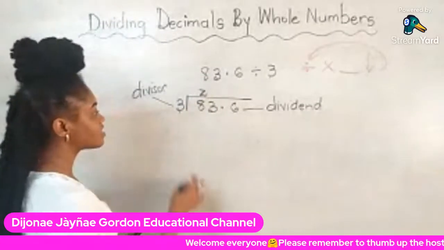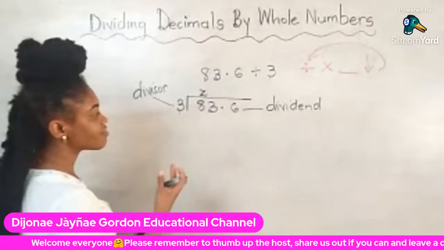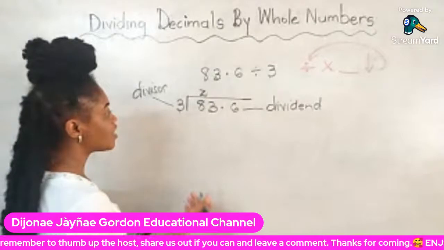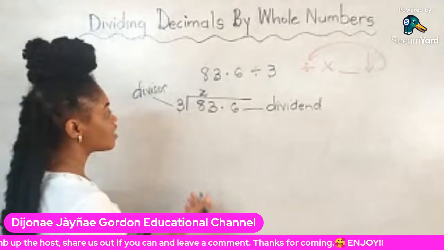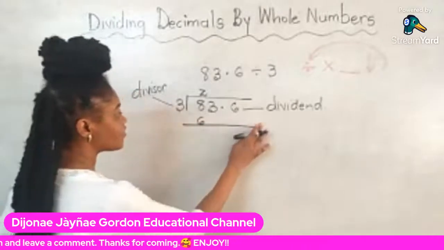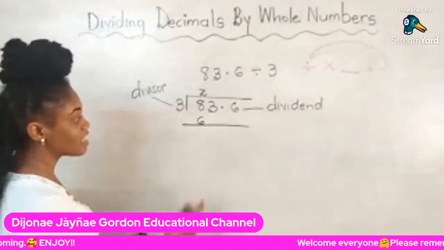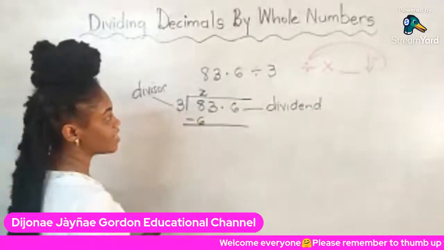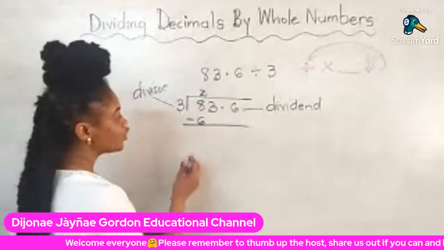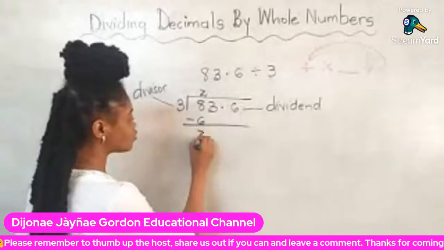And 3 multiplied by 2 is going to be 6. Look where I put my 6, in the tens column. Now I'm going to take away. You have 8 things and you give away 6, you are left with 2.